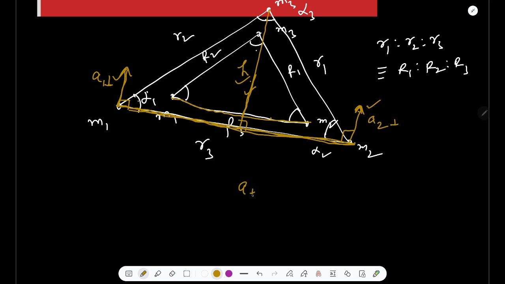This a1 perpendicular should be equal to a2 perpendicular.